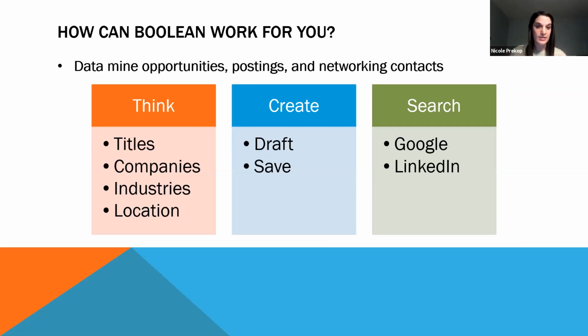So all of the different titles that you're either seeking in a position or for the people that you're interested in connecting with. This is also a great way to connect with leaders at a company or at a smaller organization. If you're looking to connect with directors or VP or C-suite level, you can add that into a Boolean specifically. Companies, I think, is pretty straightforward.